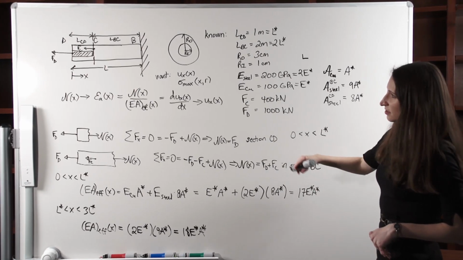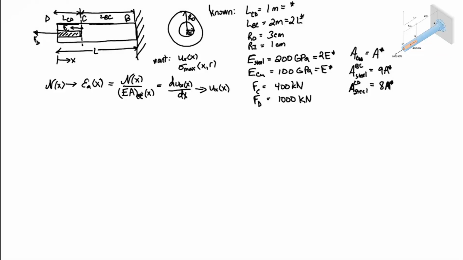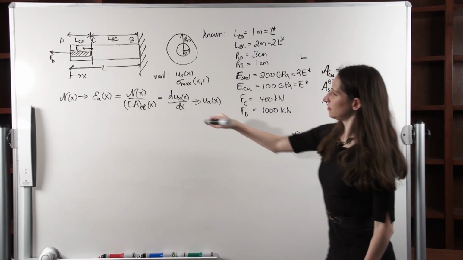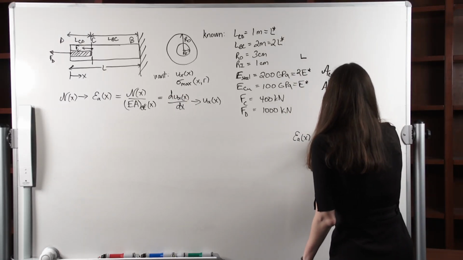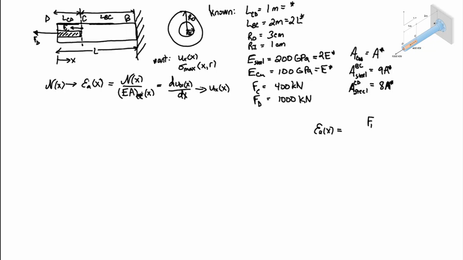So let's just erase this stuff, and then we'll get to that part. Okay, so we want to hold on to our strain, so let's write it down over here. We have epsilon axial of x is equal to, and remember, it's just N of x over EA effective, which we just calculated. So we have Fd over 17E star A star in the region from x equals 0 to L star, right?